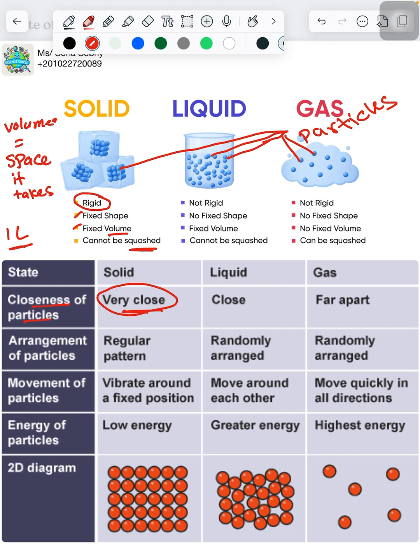And they are arranged in a regular pattern. As you can see here, particles are arranged in a regular pattern. If you wanna draw it, you should draw it in a regular pattern like this.